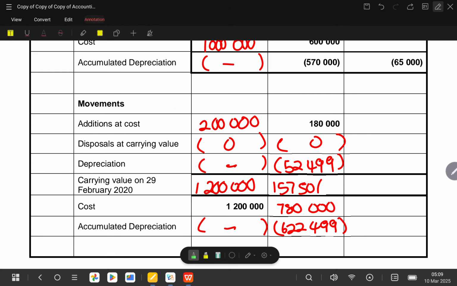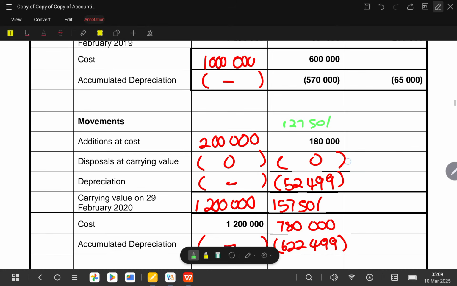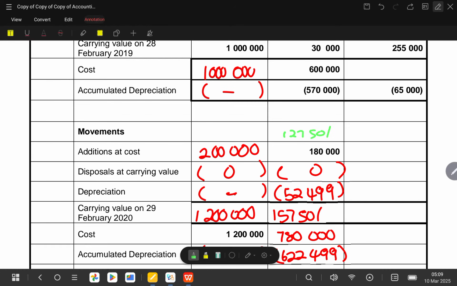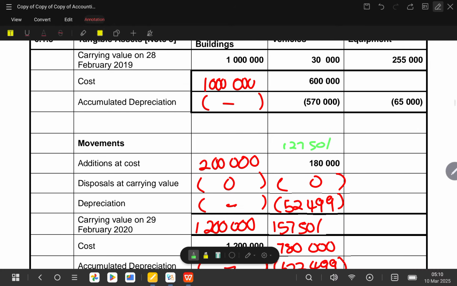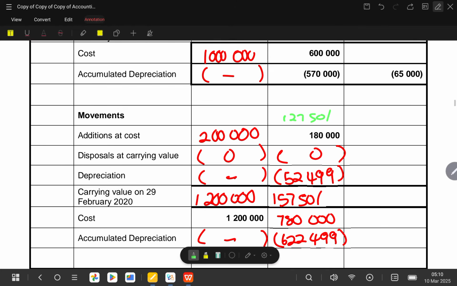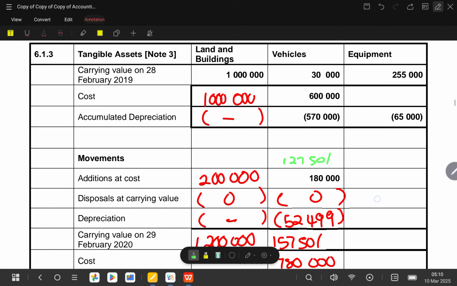So 180,000 minus 52,499 gives you 127,501. So your carrying value was 30,000. If you add this answer plus 30,000, it will give you 157,501, which says that our calculation is correct. And then after this, you can go to the information about the equipment.